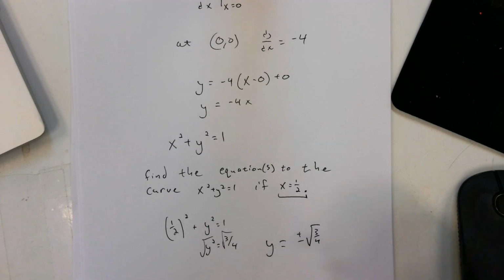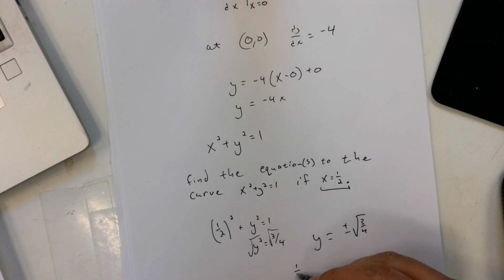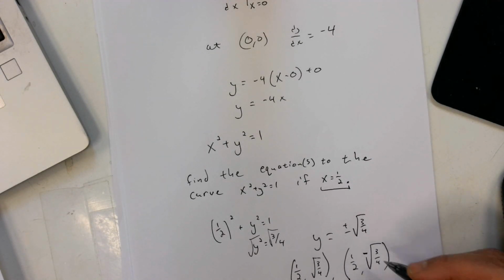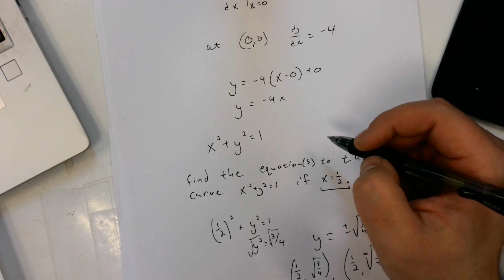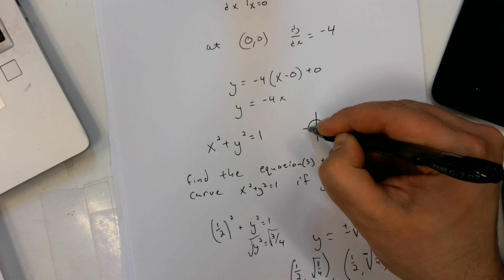This tells us that now I'm going to have a line tangent to the curve at 1/2, root 3/4, and 1/2, negative root 3/4. If you're staying woke, you'll remember, okay, that makes sense. This is the unit circle.